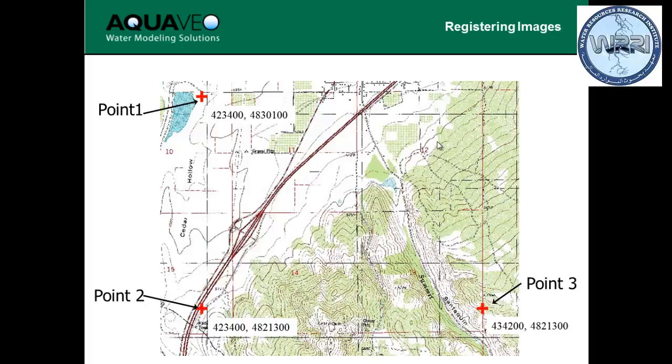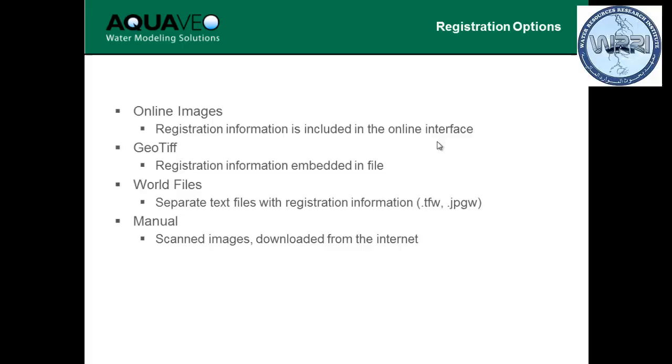The XY coordinate could be latitude and longitude, or if you're using some XY coordinate system, it could just be an X and a Y value. There are several ways of registering images, of doing those 3 points and then registering the image.